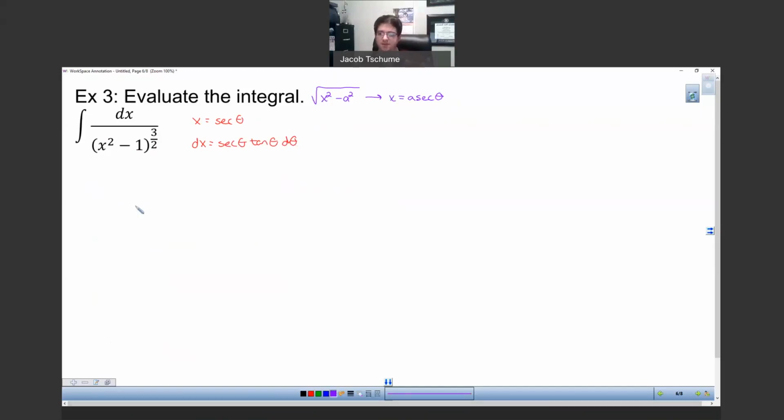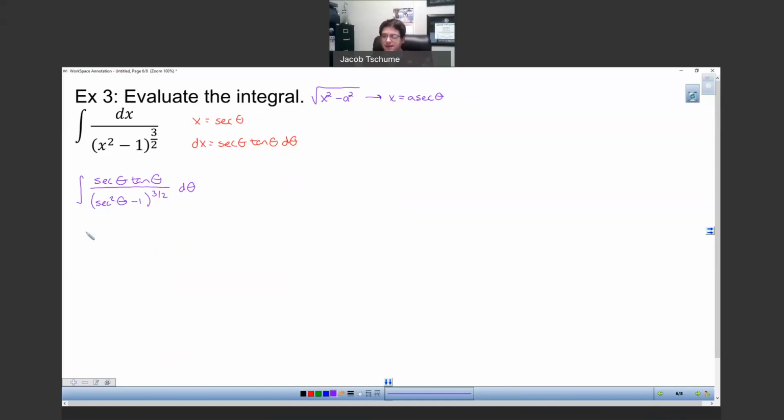Substituting all that information in, you will get the indefinite integral of secant theta, tangent theta. I'll put the d theta out to the side in just a second. And then inside your parentheses, you will get secant squared theta minus 1 raised to the 3/2, d theta. Just like the previous 2, that 2 on the bottom should go away when all is said and done. So let's see what happens here.